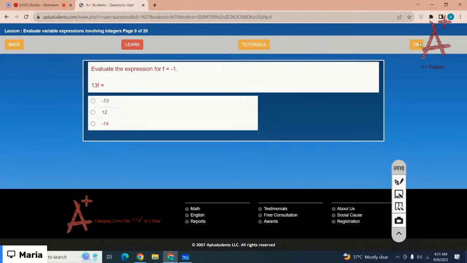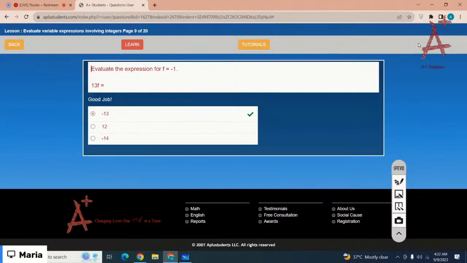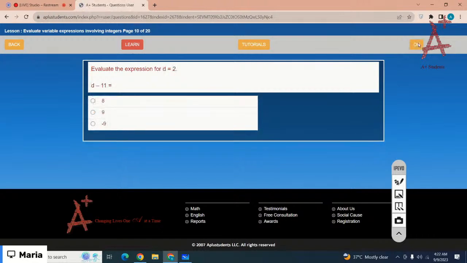Evaluate the expression for f equals negative 1. So which is the correct option? Yes, that would be, yes, it is negative 13. Very good. Evaluate the expression for d equals 2.